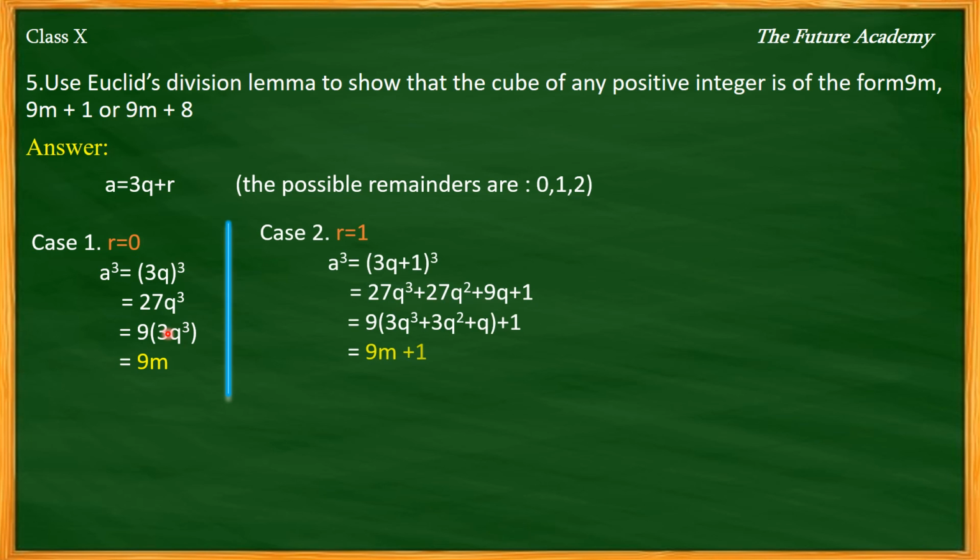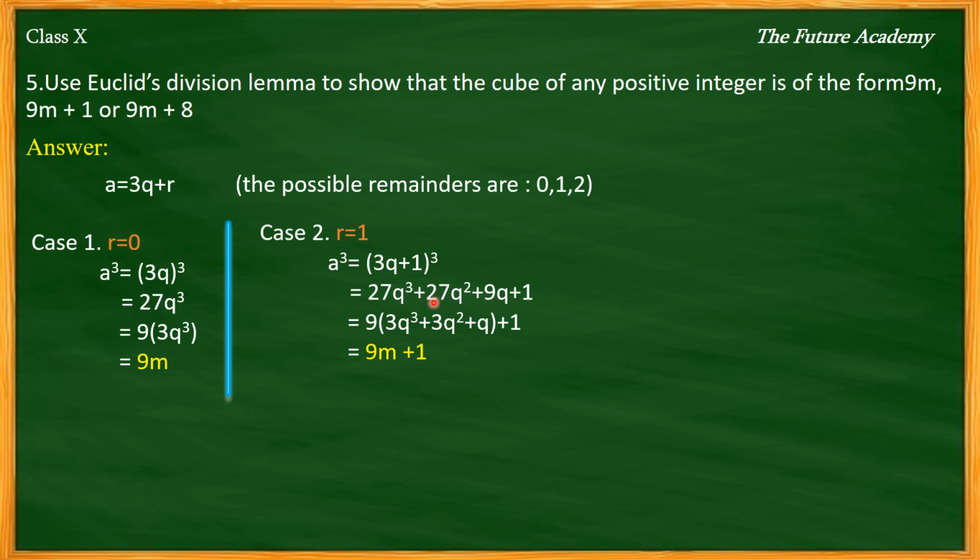Case 2. If r is equal to 1, then a is equal to 3q plus 1. On cubing both the sides, we get a cube is equal to 3q plus 1 whole cube. So we get 27q cube plus 27q square plus 9q plus 1.